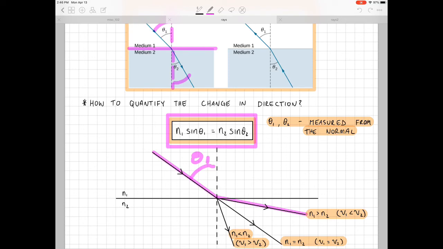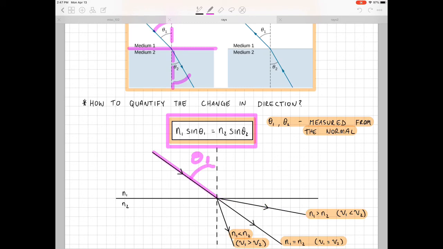What that means is that the index of refraction n1 is larger than the index of refraction n2. Again, index of refraction is connected to speed, so the physical interpretation is that light travels faster in the second medium. v1 is smaller than v2 for the example where the ray bends away from the normal.